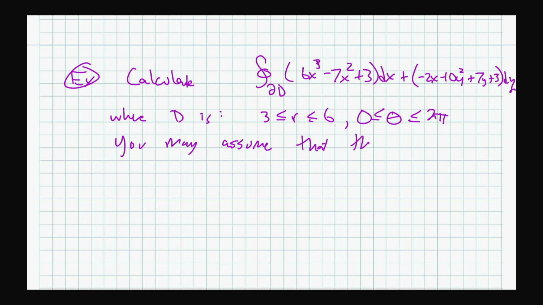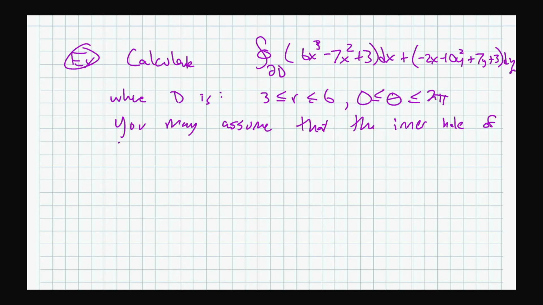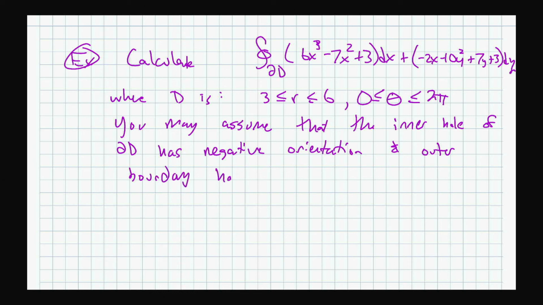that the inner hole of boundary D has negative orientation and the outer boundary has positive orientation.